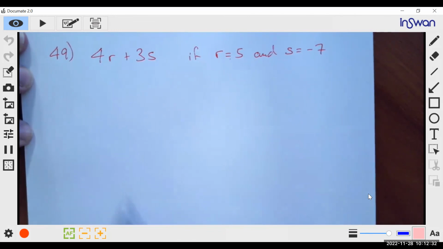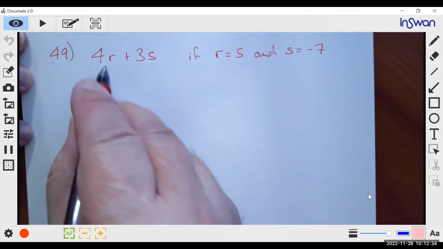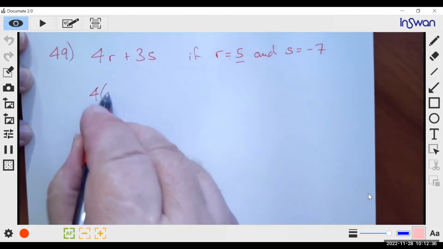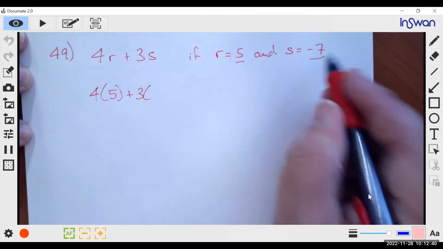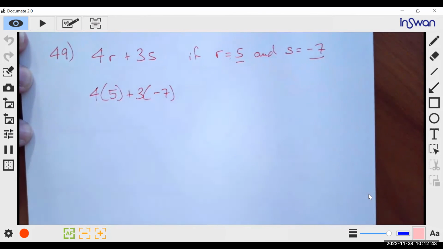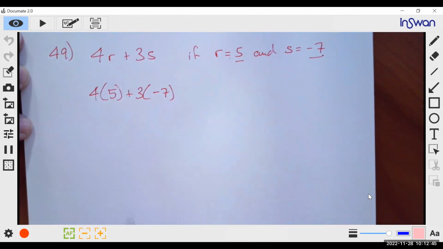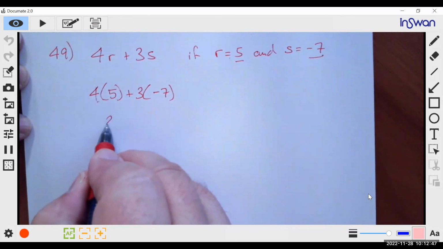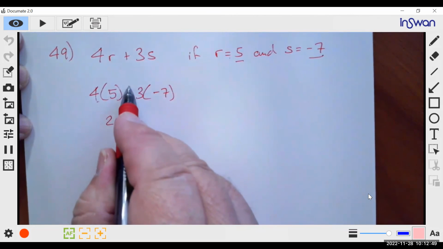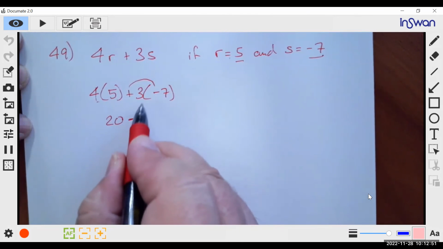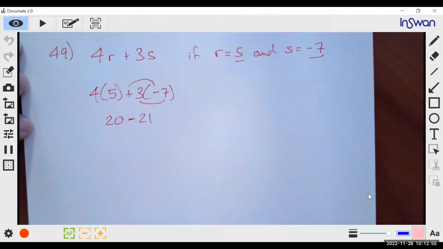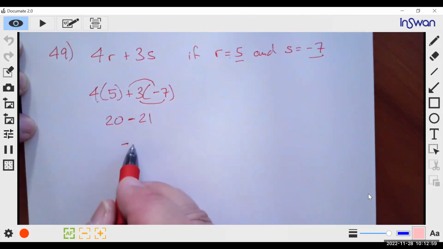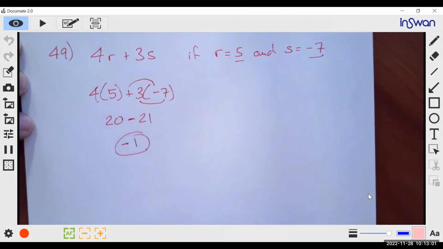Just plug them in. What is r? 5. What is s? Negative 7. 4 times 5 is 20. Positive times negative is negative. 3 times 7 is 21. 21 is bigger, so it's negative. 21 minus 20 is 1. The answer is negative 1.